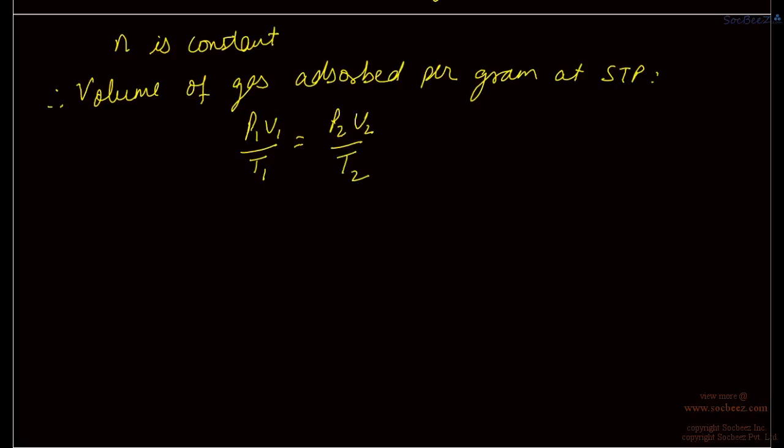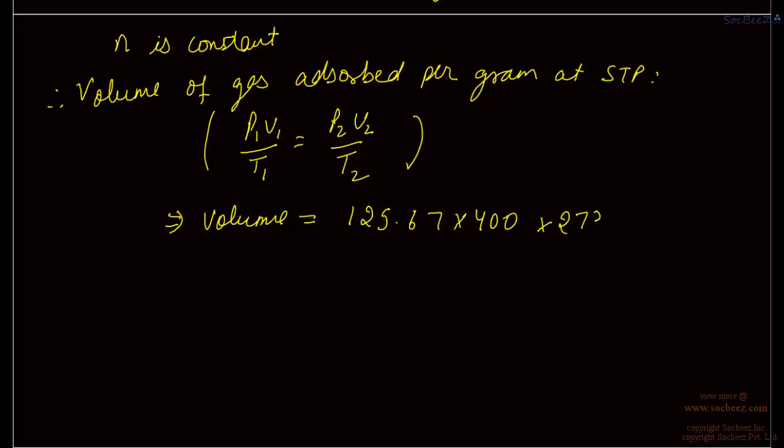Okay. So if we use this equation, the volume comes out to be 125.67 milliliter per gram into 400, that is pressure, into 273, the STP temperature, upon 300 into 760.